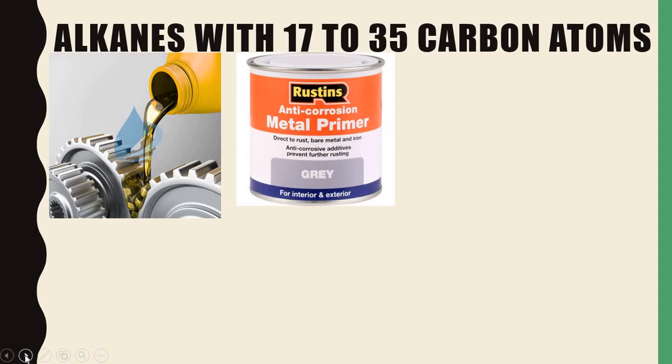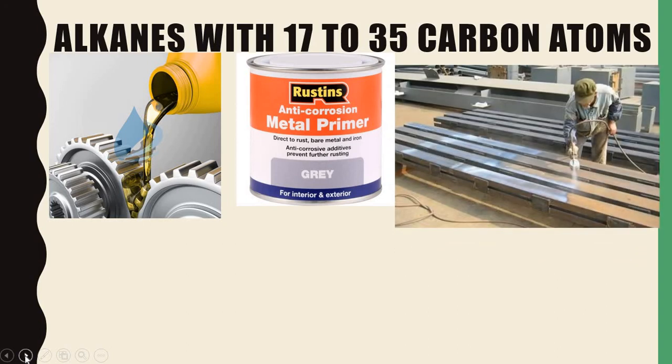Meaning para hindi mabilis magkalawang yung isang metal, nilalagyan natin siya ng paints or anti-corrosion metal primers, like this one. Their hydrophobic nature protects the metal surface from contact with water. So nagiging water resistant kapag merong metal primers.